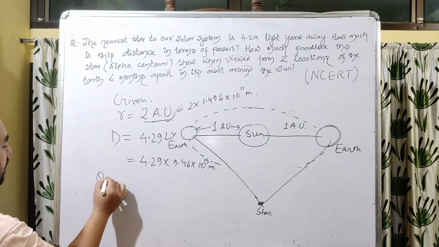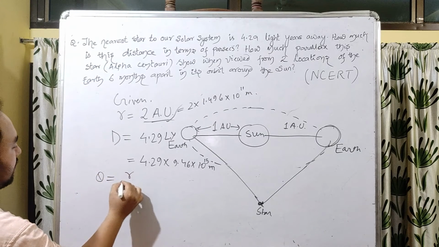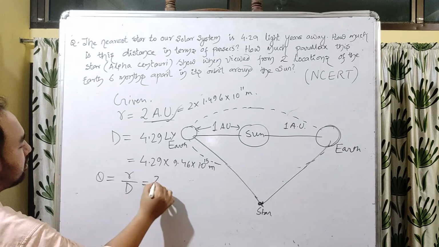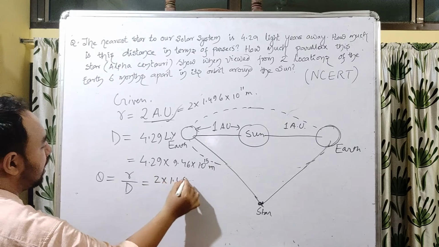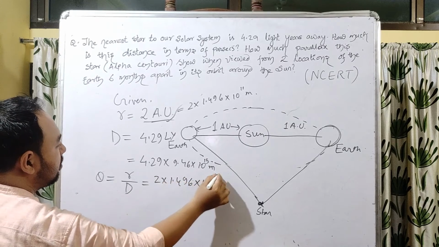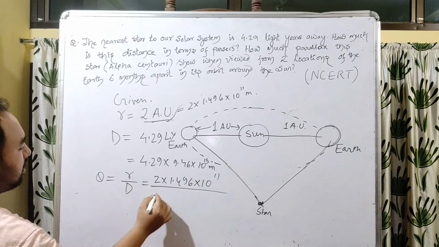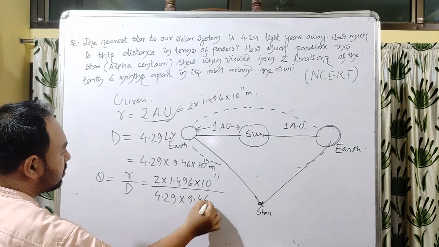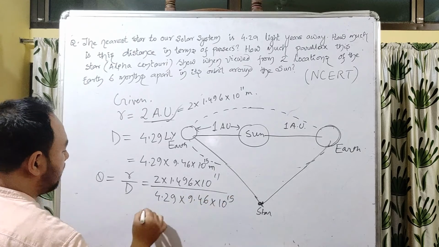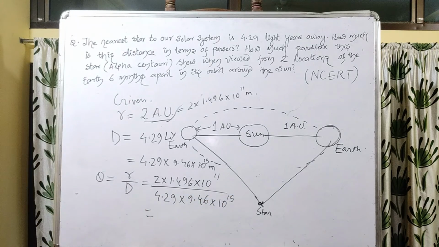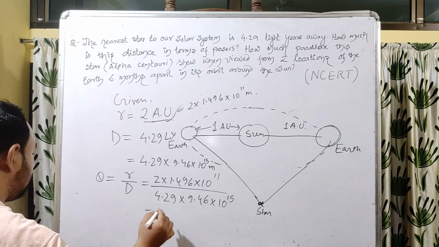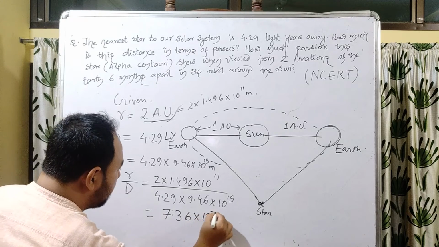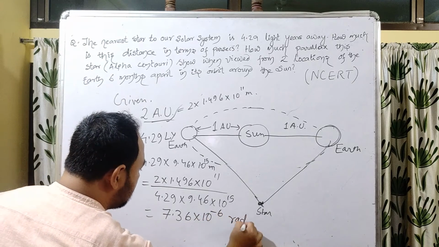So now we will calculate the parallax. Theta is equal to r by d. So the value of r is 2 into 1.496 into 10 to the power 11 divided by 4.29 into 9.46 into 10 to the power 15. Okay, so now if you calculate this, the answer will come out to be around 7.36 into 10 to the power minus 6 radian.